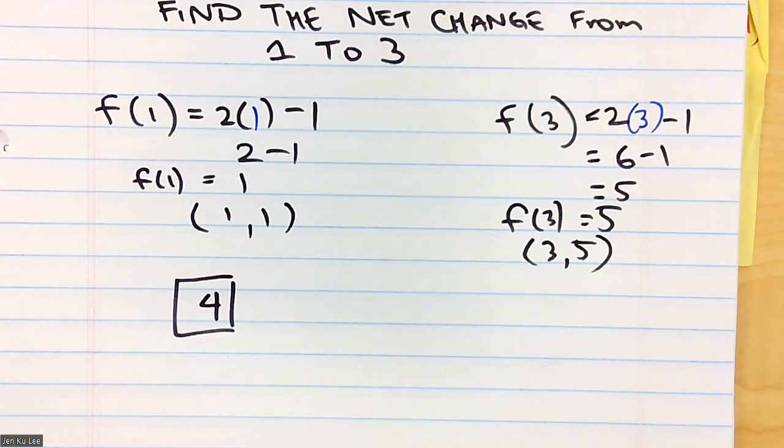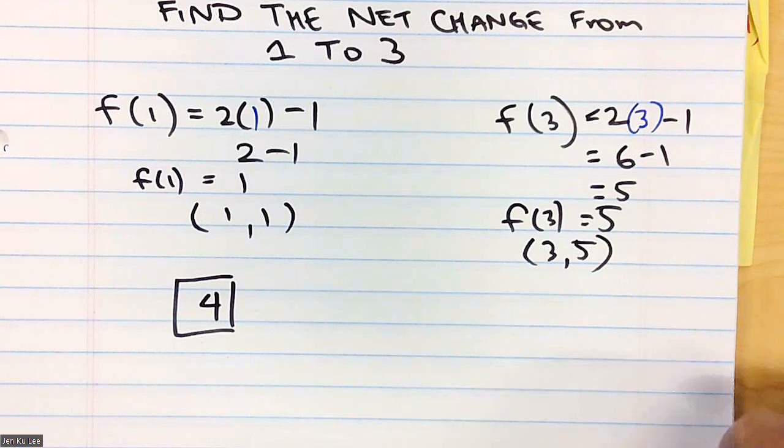That is net change. What's the slope? Rise over run? 2.